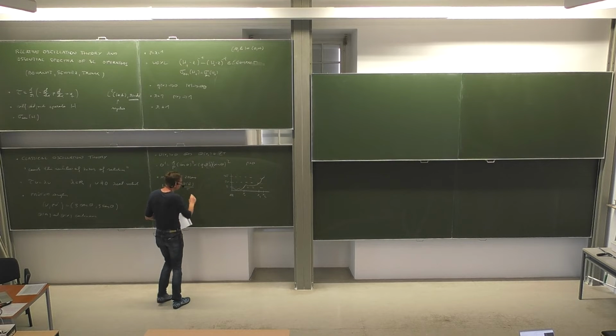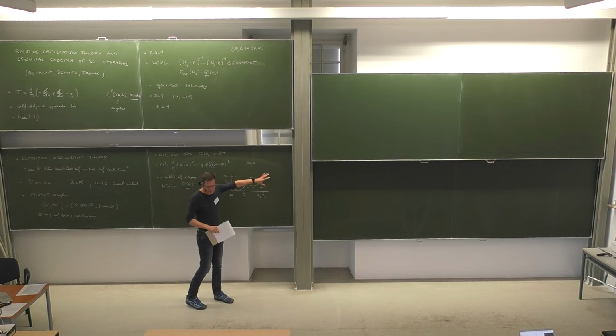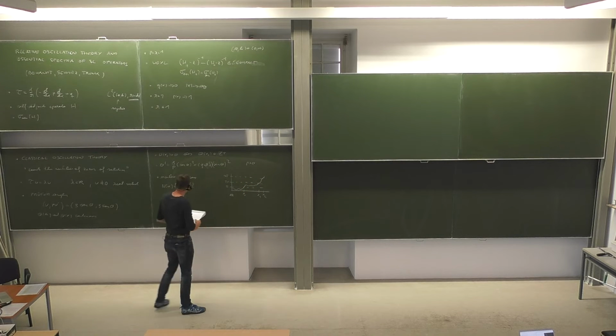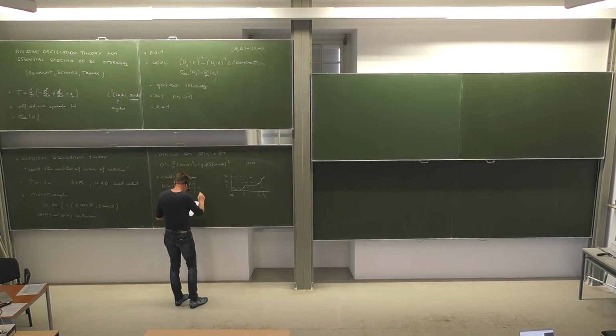If b is infinite, you should think of this as a limit, but since it is essentially monotone, the limit will exist. And you have to use ceiling and floor functions. So here you have to use the floor function, and here you have to use the ceiling function.